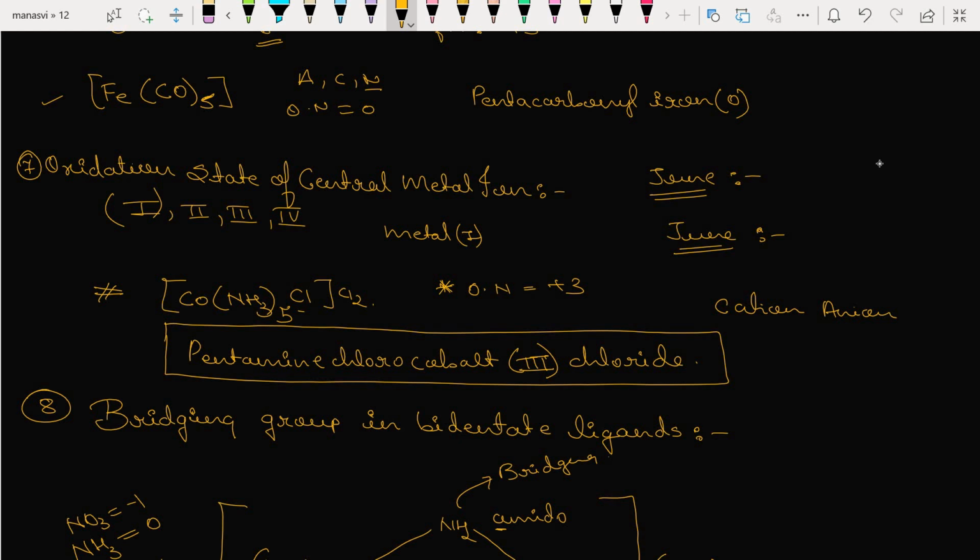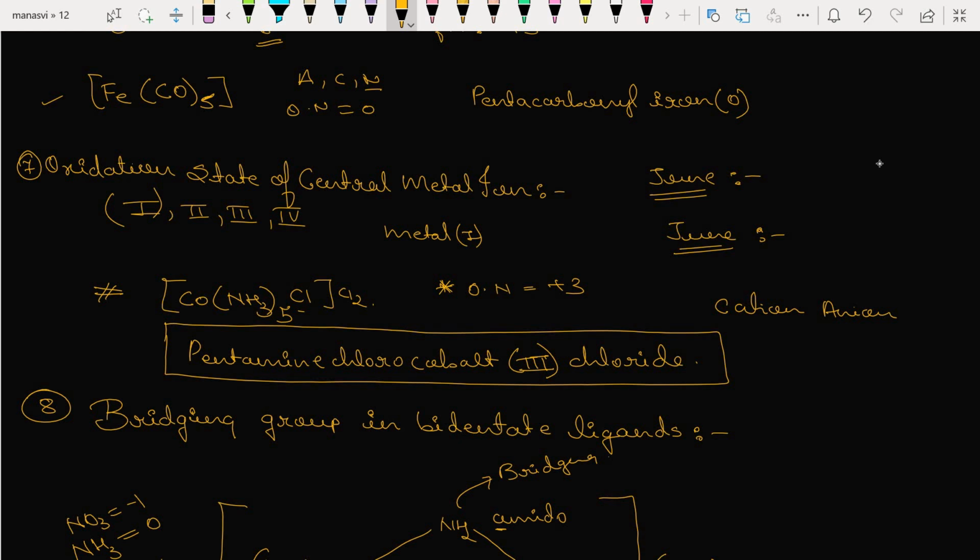Again, one example we'll see: [Co(NH3)5Cl]Cl2. Again, applying the trick, first we see whether the complex ion is anionic, cationic, or neutral. Anything written on the right hand side gives a positive charge on the complex ion. Hence, our complex is found to be cationic. So no characteristic ending is given to the metal name.